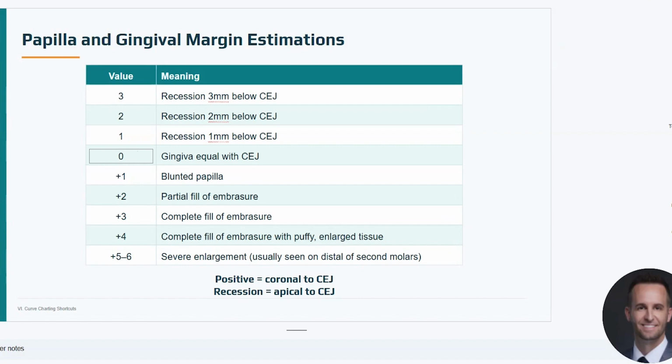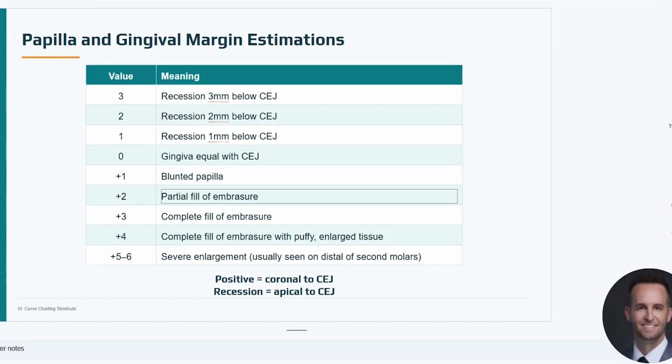If you can see that CEJ and it's equal with the gingiva, then you're going to mark it as a 0. If you can see a millimeter of root surface, you're going to just mark the value as a 1. If you can see 2 millimeters of root surface, mark it as a 2.